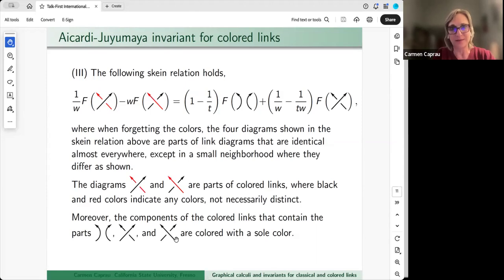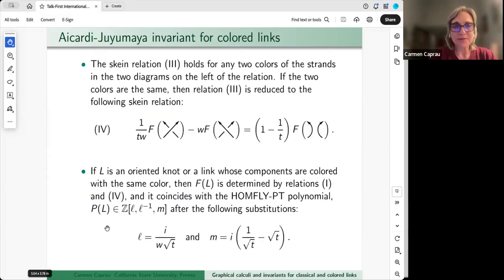What matters is that it is the same color, meaning that those arcs belong, even if they belong to different components in a link, to the same class of that partition. So that is the definition of the polynomial with those three skein relations.